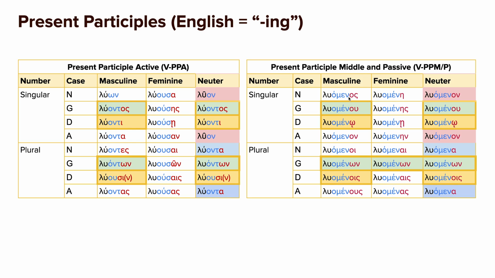And then the middle and passive is omenos, omenou, omeno, omenon, omenoi, omenon, omenois, omenous, and the feminine and neuter forms. All right, so again, those are our present participles, active voice and middle and passive voice.